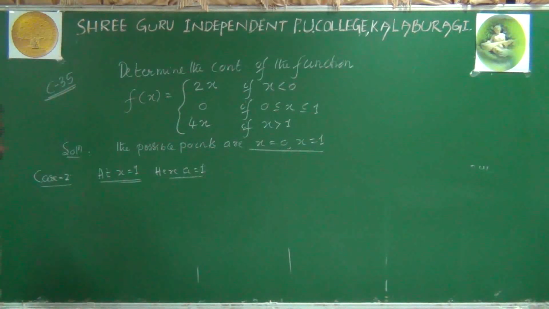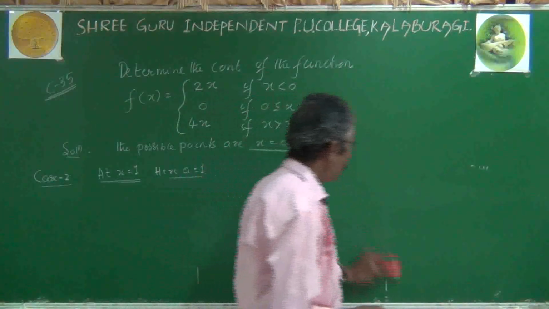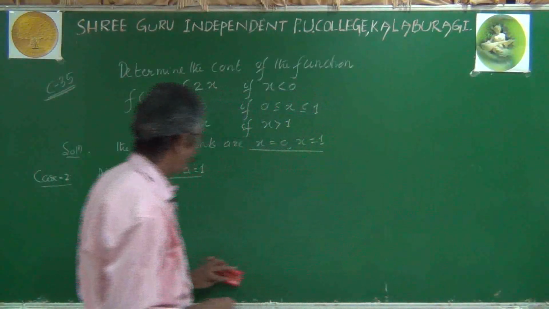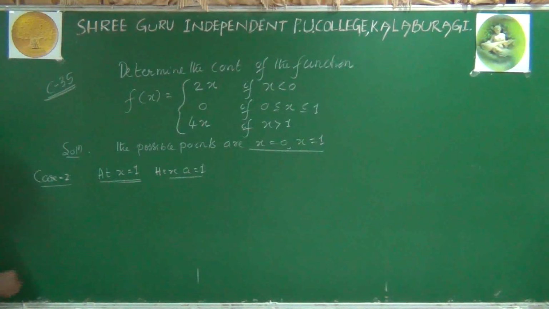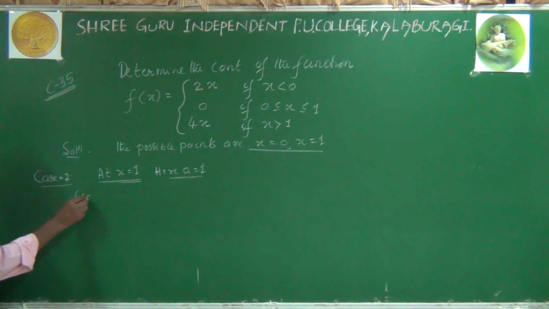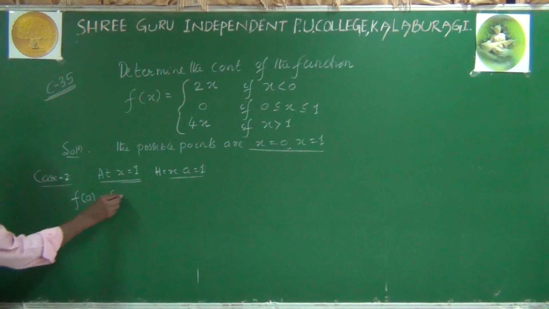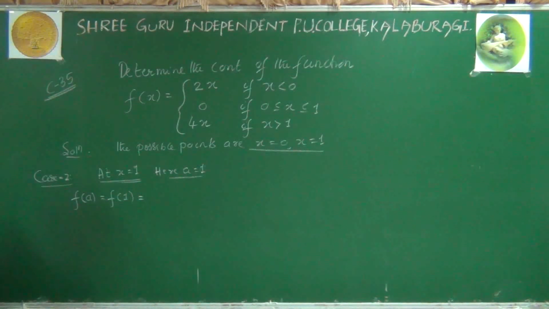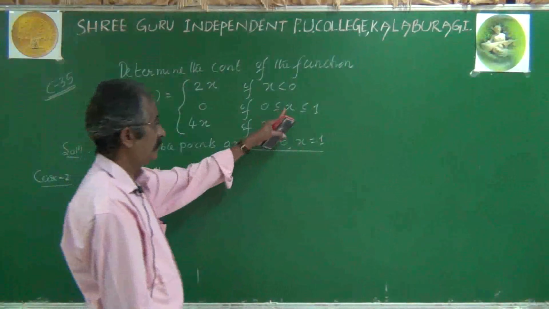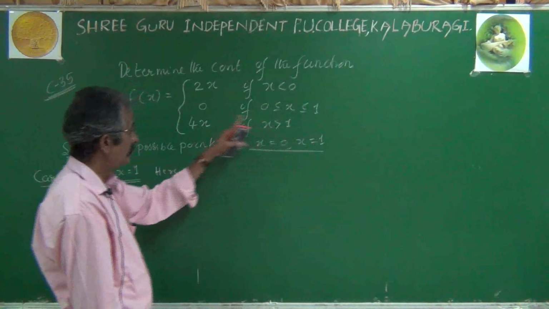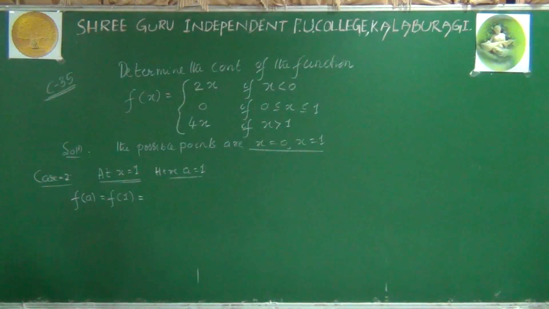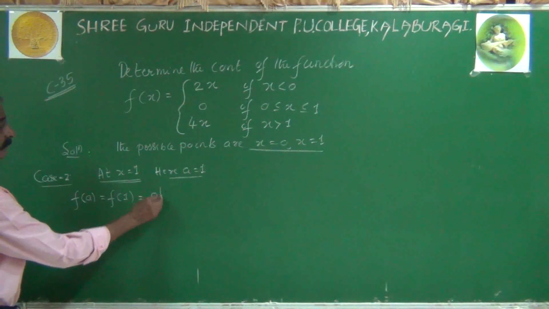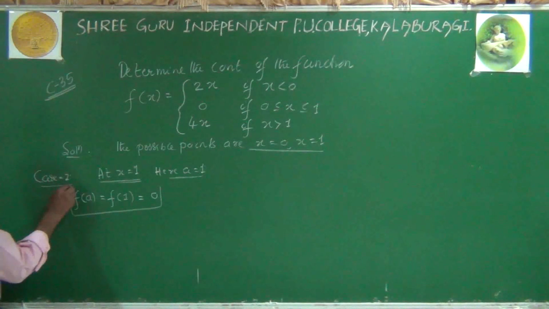Let's find again left hand limit as well as right hand limit. Before that, f of a means f of 1, f of x where x equal to 1 satisfies. When x equal to 1 satisfies, the equivalent value of function is 0. So f of 1 is 0.